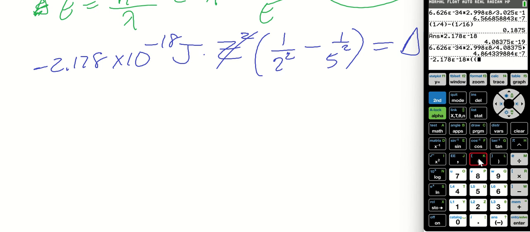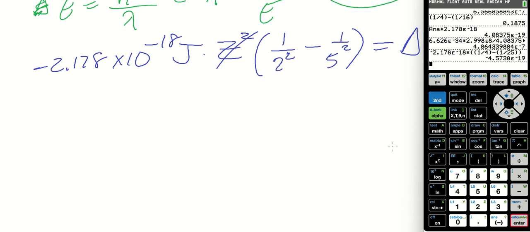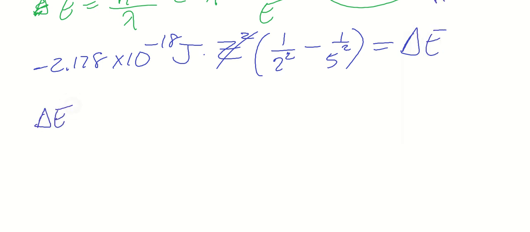We're going to need some parentheses, 2 of them: 1 divided by 2 squared, which is 4, minus 1 divided by 5 squared, which is 25. Double parentheses. Looks good. So there is our change in energy, 4.57 times 10 to the negative 19 joules.